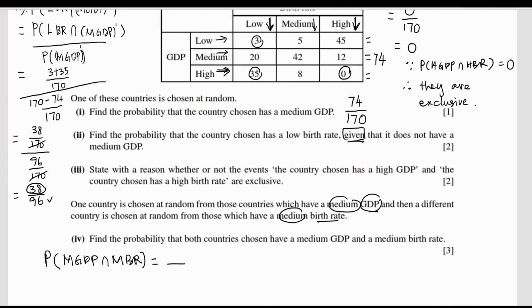So first, we have to choose a country from those which have a median GDP. Median GDP, we are referring to the middle row, the second row here, 20 plus 42 plus 12. Total, there are 74 countries to choose from which have median GDP. So out of these 74 countries, we are expecting the country chosen has median GDP and at the same time has a median birth rate, which is the intersection of them, 42.